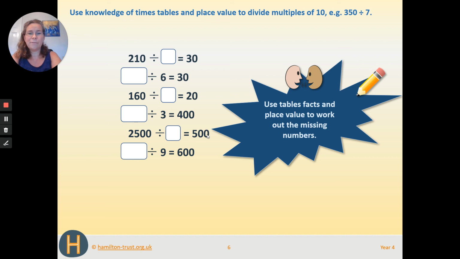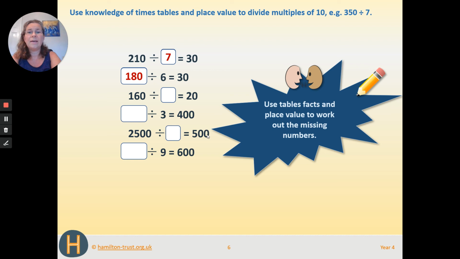Have you got all your answers ready? 210 divided by 7 equals 30. 180 divided by 6 equals 30. Remember, 21 divided by 7 equals 3, or 3 times 7 is 21.